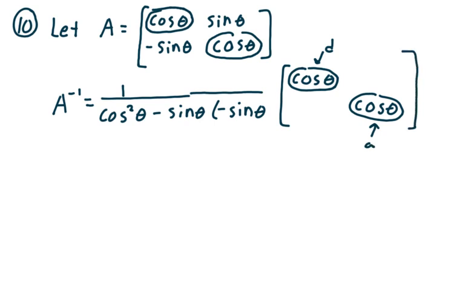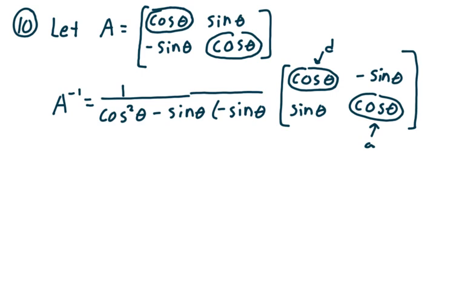Now, if we look at the entries along the other diagonal, we get negative sine theta for the top right, and then sine theta over here for the lower left. So negative sine theta for the top right, sine theta for the lower left.